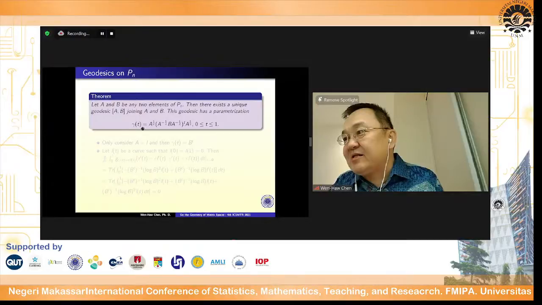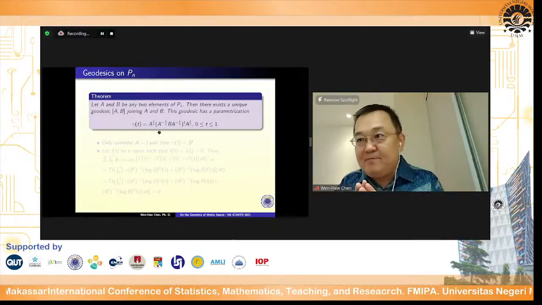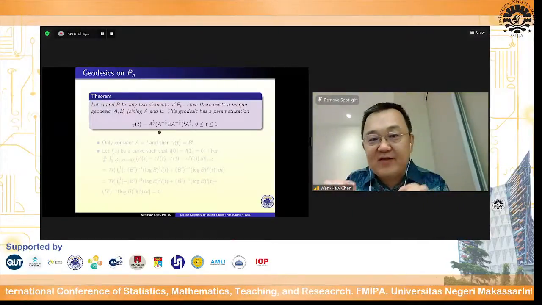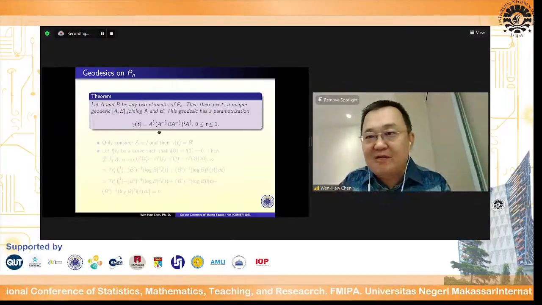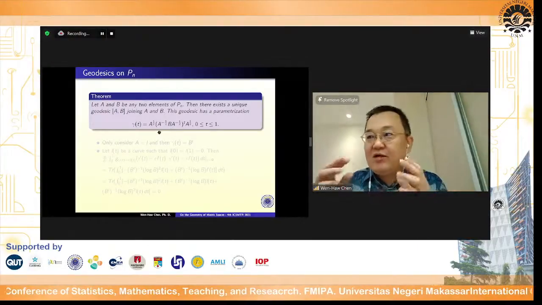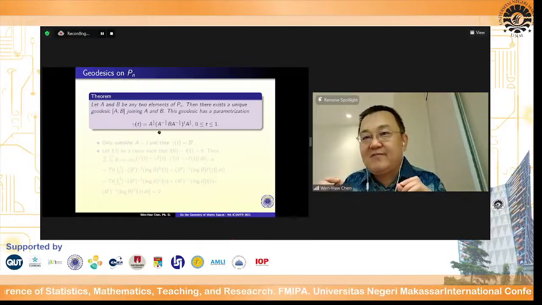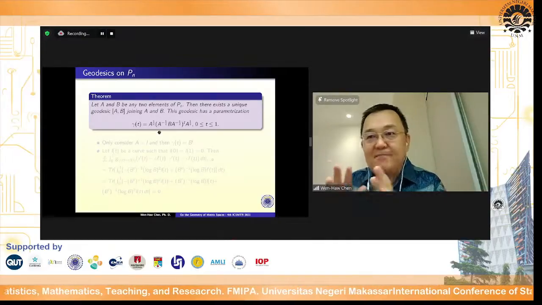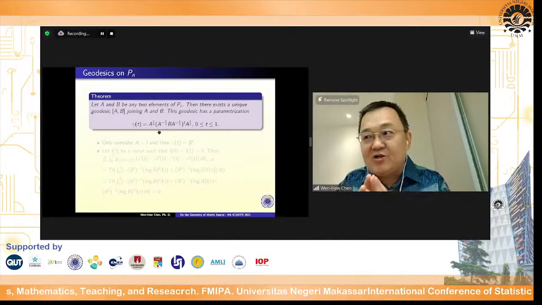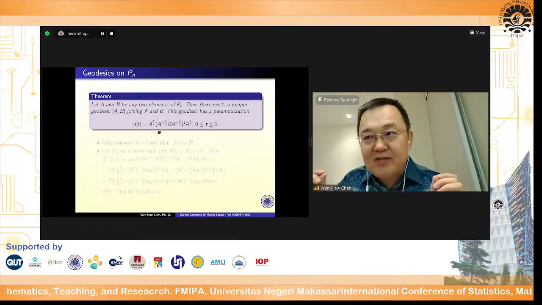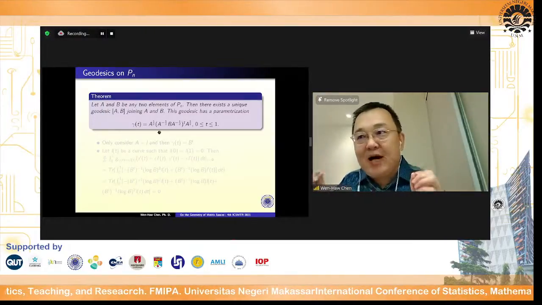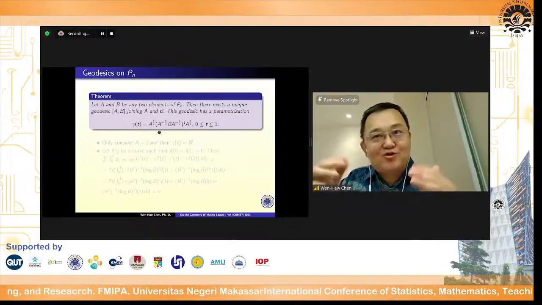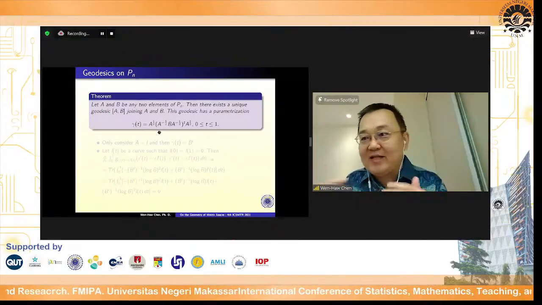This geodesic has a representation like this. We consider the space of all positive definite matrices, and we equip it with the inner product. We can show that this Riemannian manifold has non-positive curvature. So every two points, meaning every two positive matrices, can be joined by an abstract curve, and this is the one and only one.